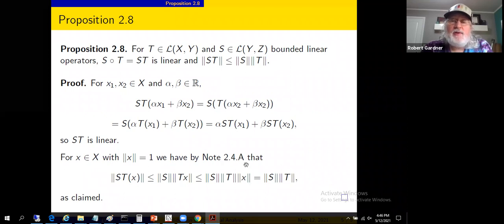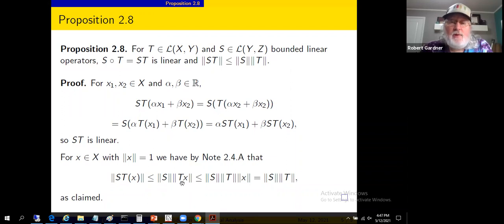The note we called attention to said this is less than or equal to the norm of S times the norm of the vector. The vector is Tx, first off. So we're using note 2.4.a really on operator S and vector T of X.